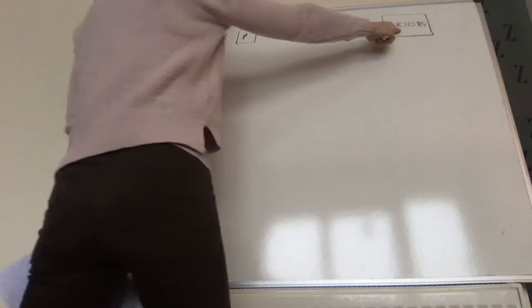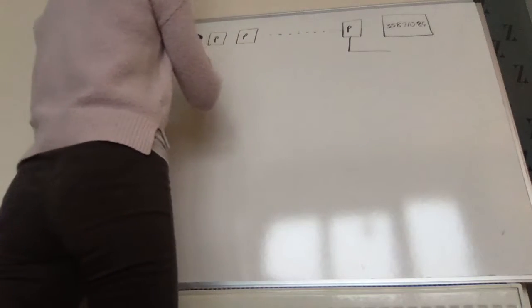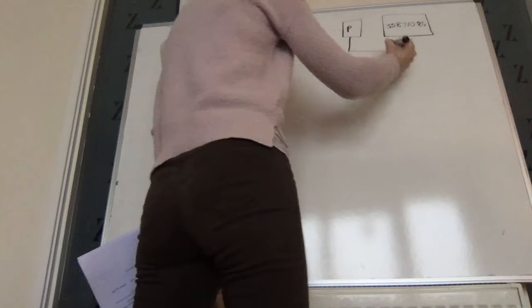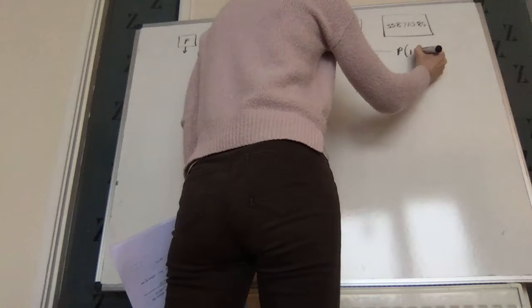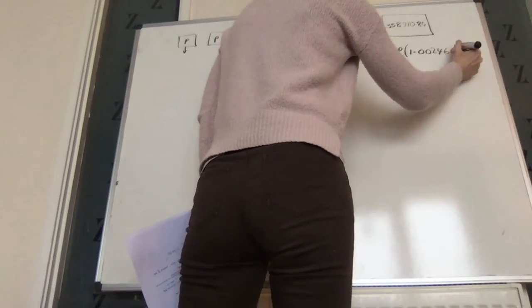So this is the fund that he wants, calculated from the first part. We need to look at the future values of all of these P's. This P in 1 month's time is worth P times 1.002466.